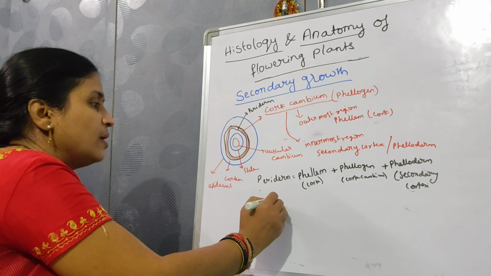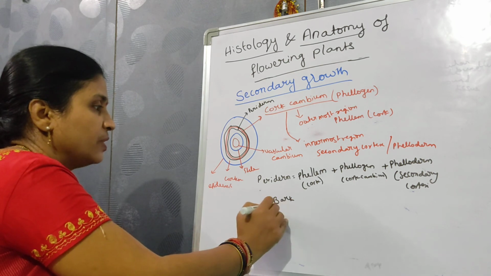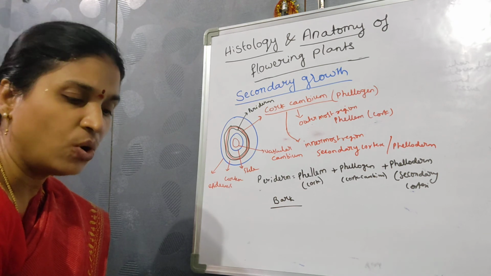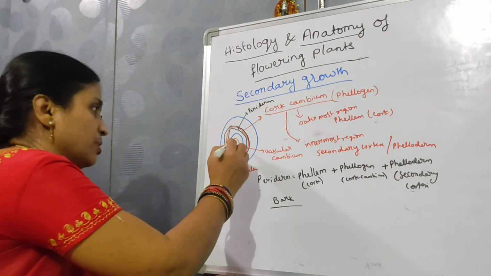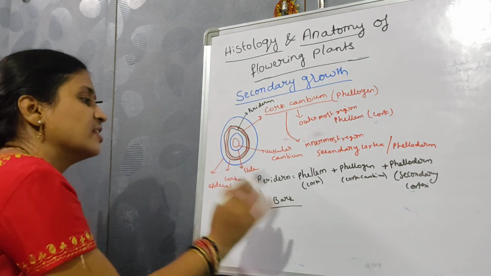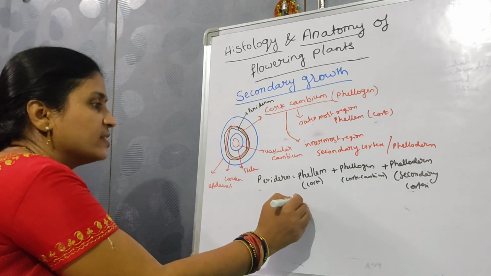So that is nothing but the bark. Bark is a non-technical term that refers to all tissues exterior to the vascular cambium. So from vascular cambium to the epidermis, whatever tissues are there, that is nothing but the bark.